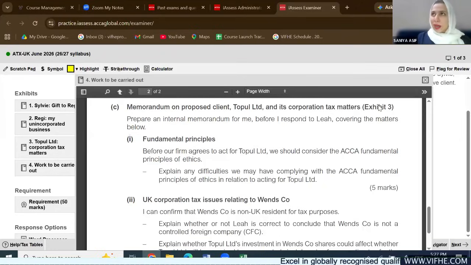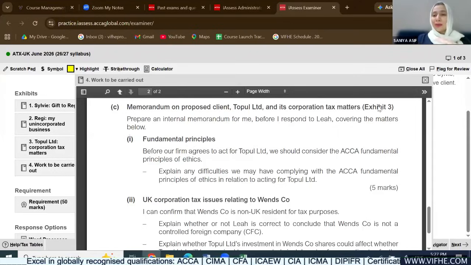And see, despite the fact that you had gone through all the exhibits before, I will open Exhibit 3 once again so that you may quickly go through the entire information in relation to this exhibit only. This is the best part with Section A, that you won't have to keep searching for a certain situation or figure, because the examiner has identified in which exhibit you will find the required scenario and material.